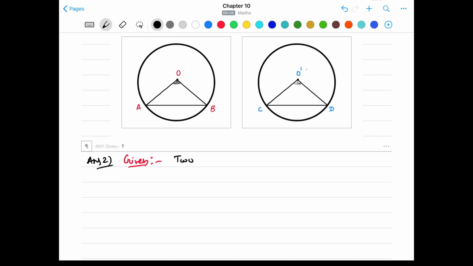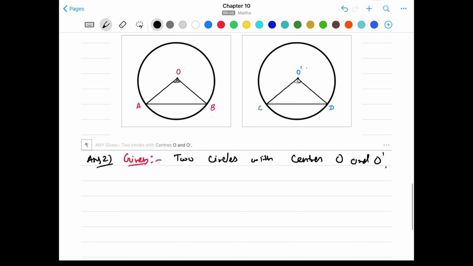Given here are two circles with centers O and O', having two chords.